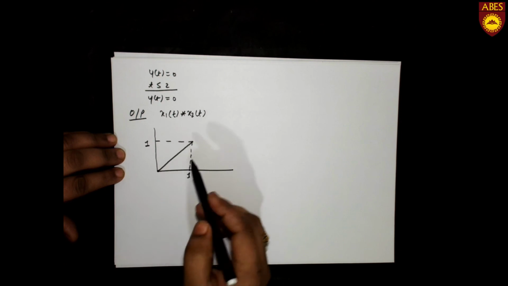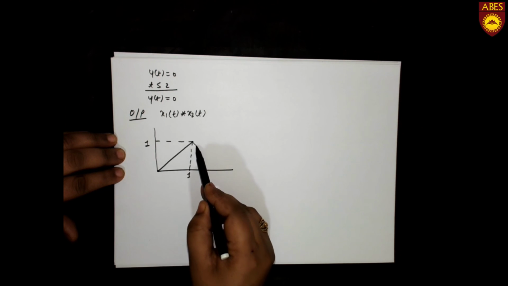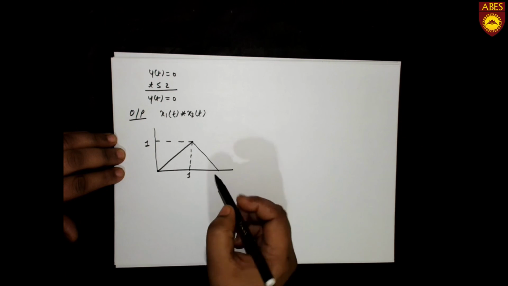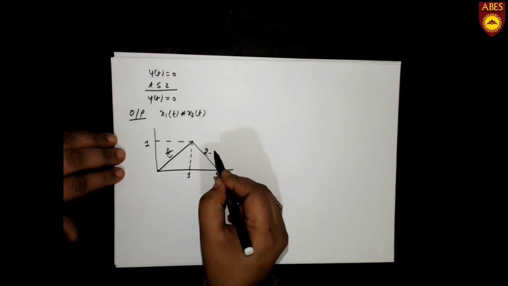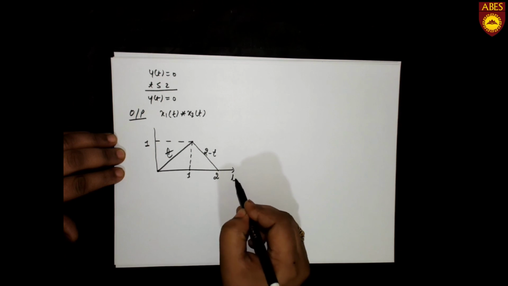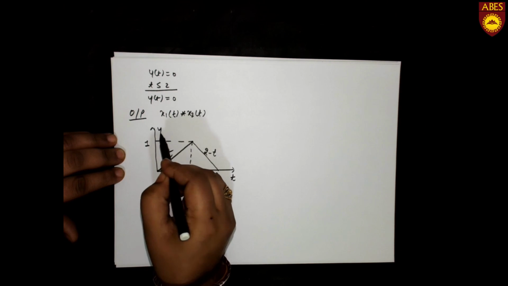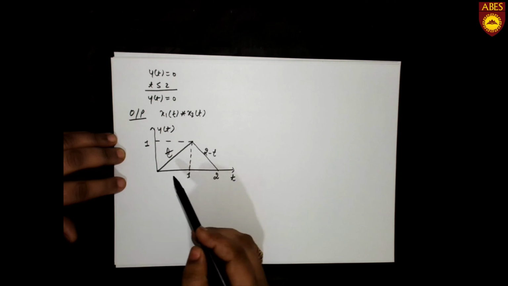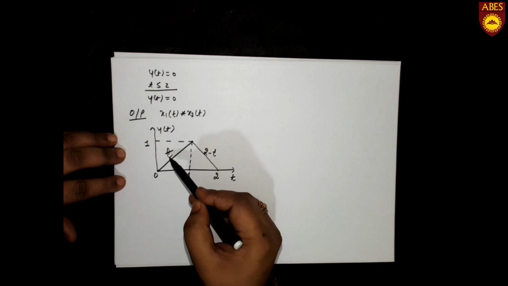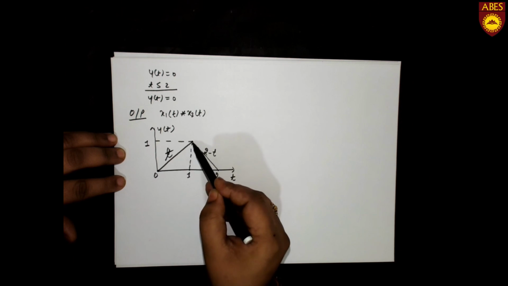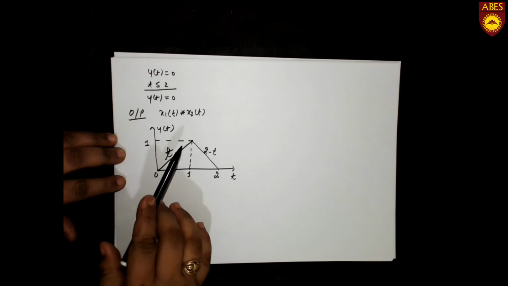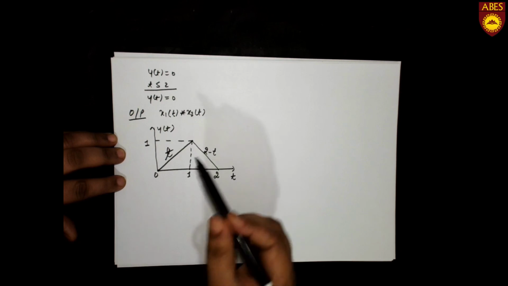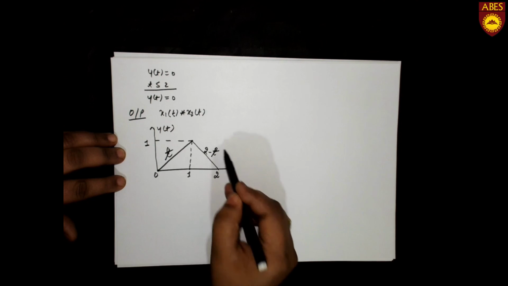And for t up to 2, the slope is 2 minus t. So our resultant signal from 0 to 1 is like a ramp with an increasing slope, and from 1 to 2 we also have a slope, but a decreasing one.